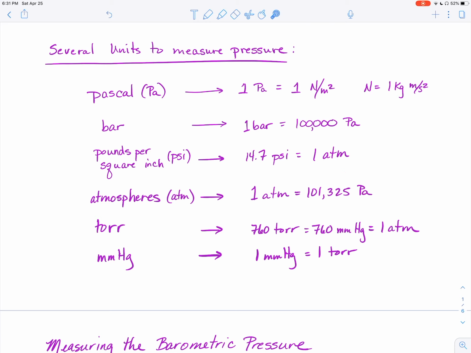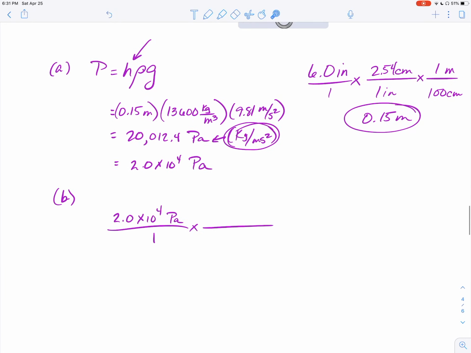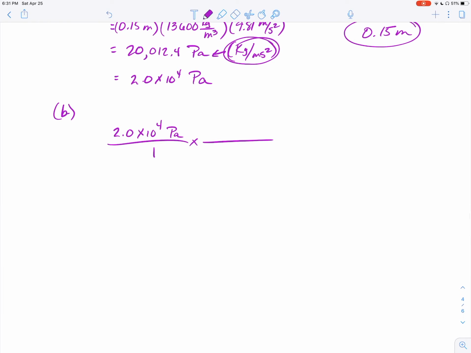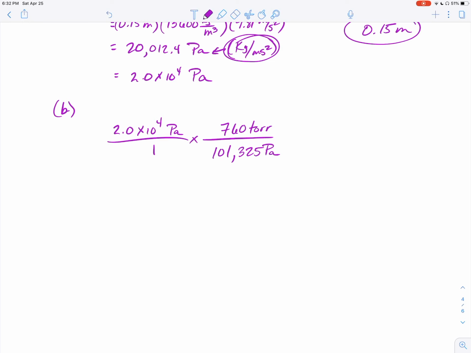So I know my conversion factor here will be 760 torr is equal to 101,325 pascals. And that equals 150 torr. And so we've now calculated that value.